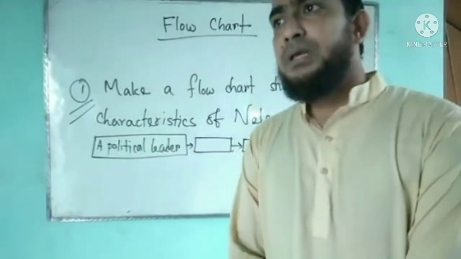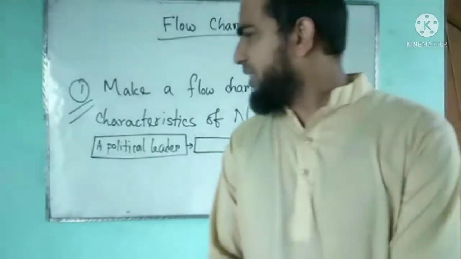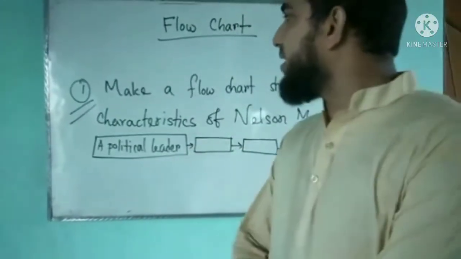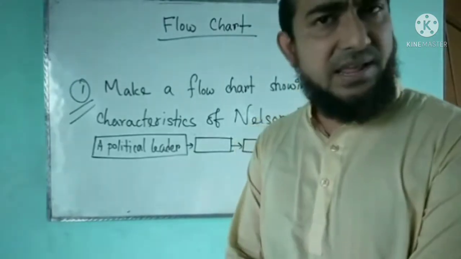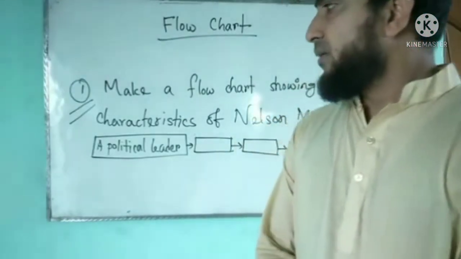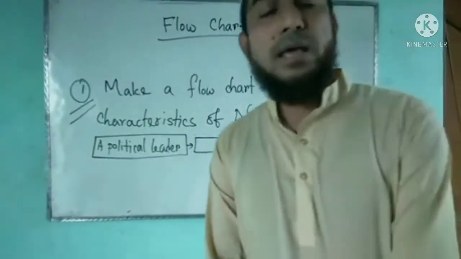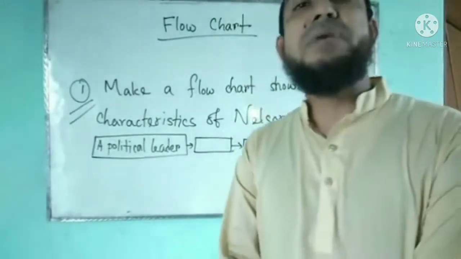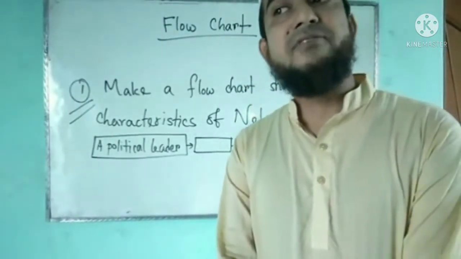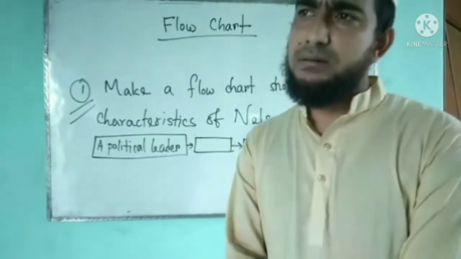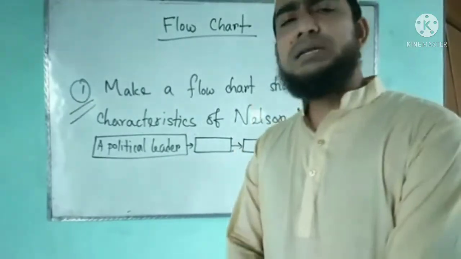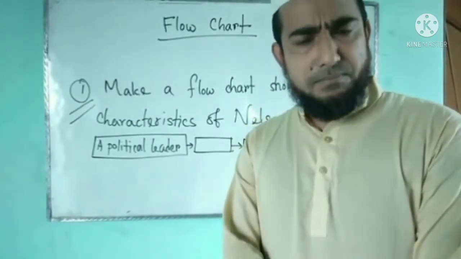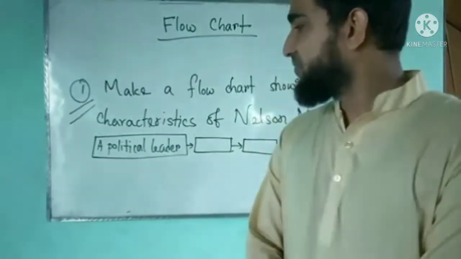So I can say that we can make the answer of a flowchart by using phrases. Now I will discuss how can we make phrases. We can make phrases in many ways.